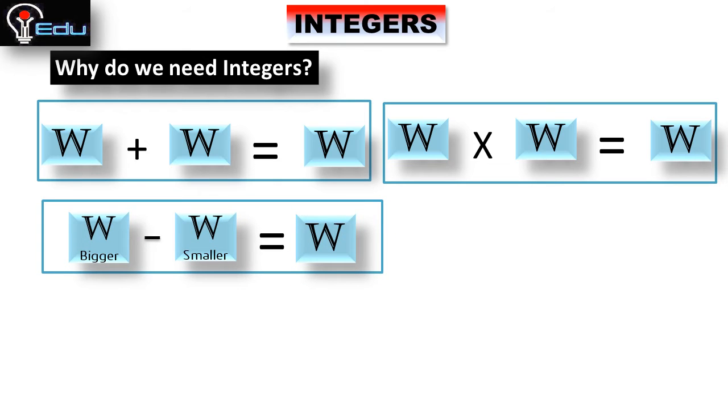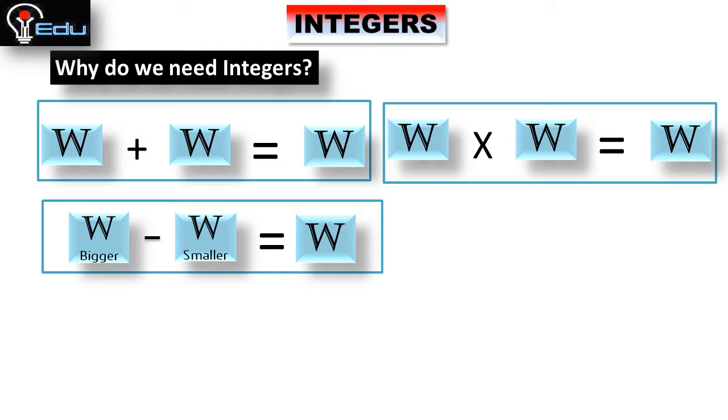But in case of subtraction, we have two types, that is from bigger number to smaller number or smaller number to bigger number. First we will see bigger number to smaller number, that is bigger number minus smaller number equal to a whole number, that is positive.